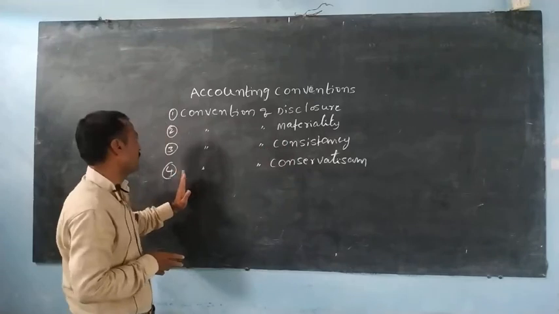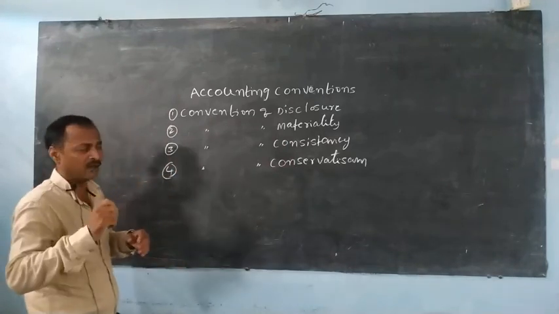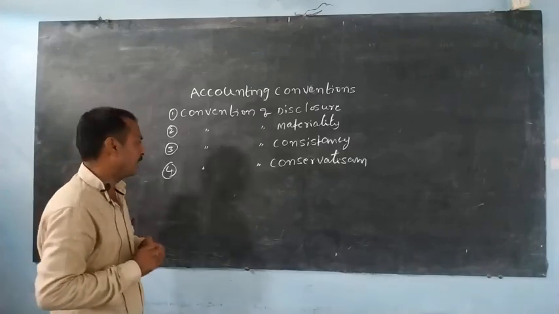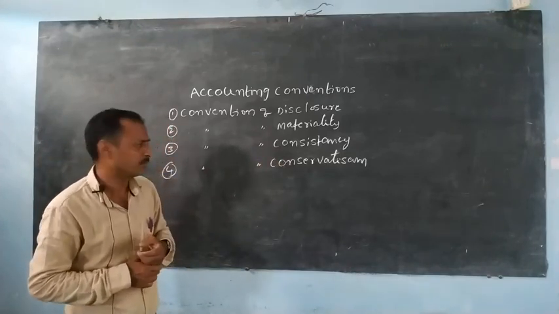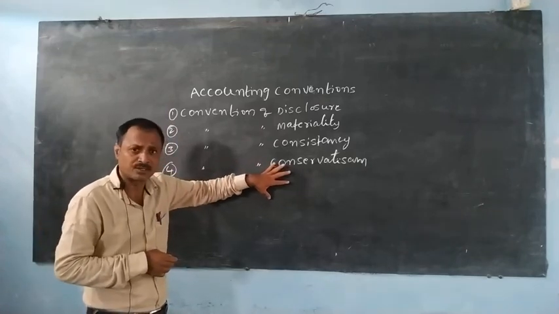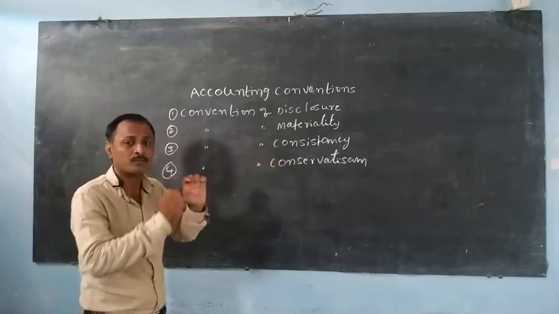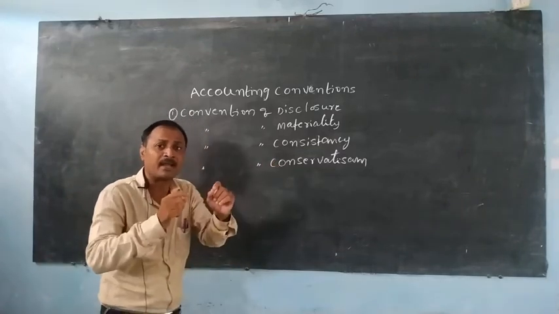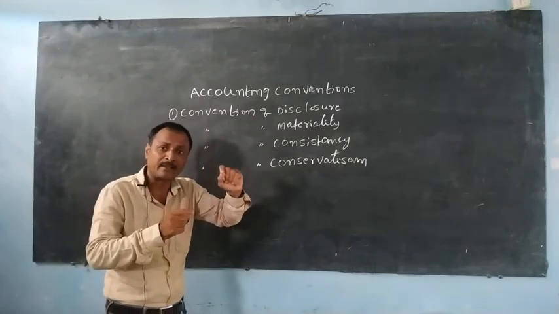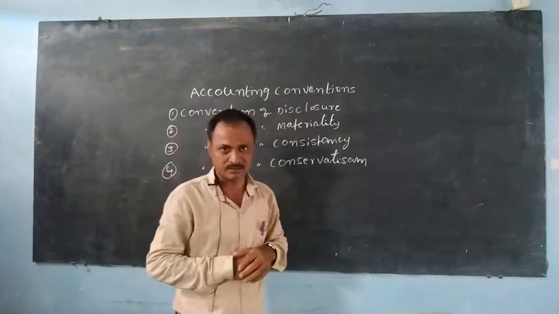Now come to the convention of conservatism. This is the last accounting convention. According to this convention, conservatism says the principle of prudence: anticipate the losses but not the profits.